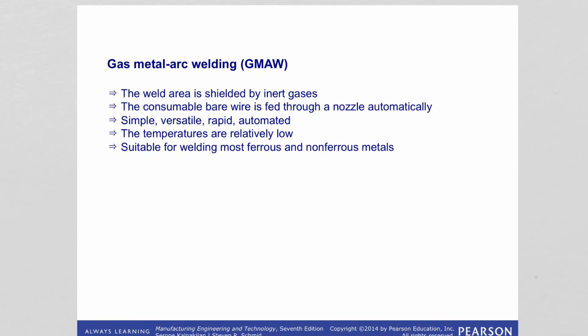Since there are inert gases, we don't need flux. So this metal wire becomes the consumable electrode, and the arc is maintained between the workpiece and this wire electrode, and this of course continues to provide the necessary filler metal.